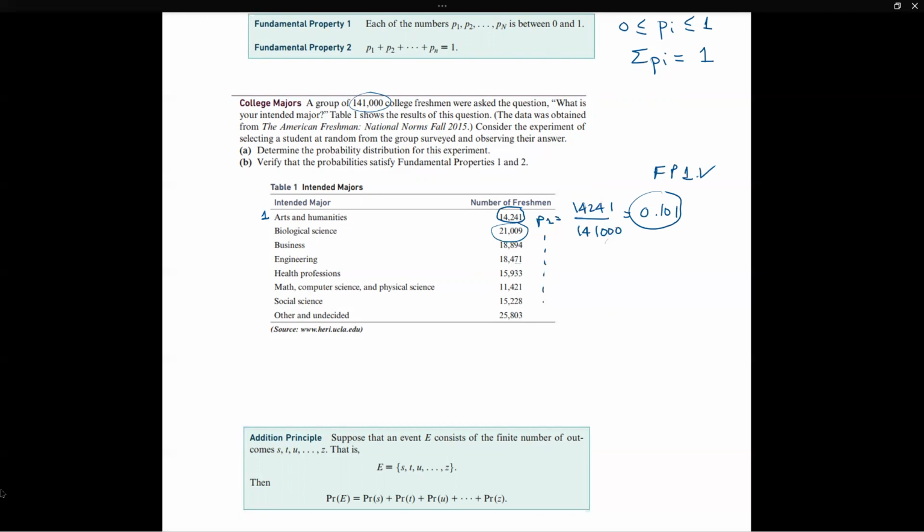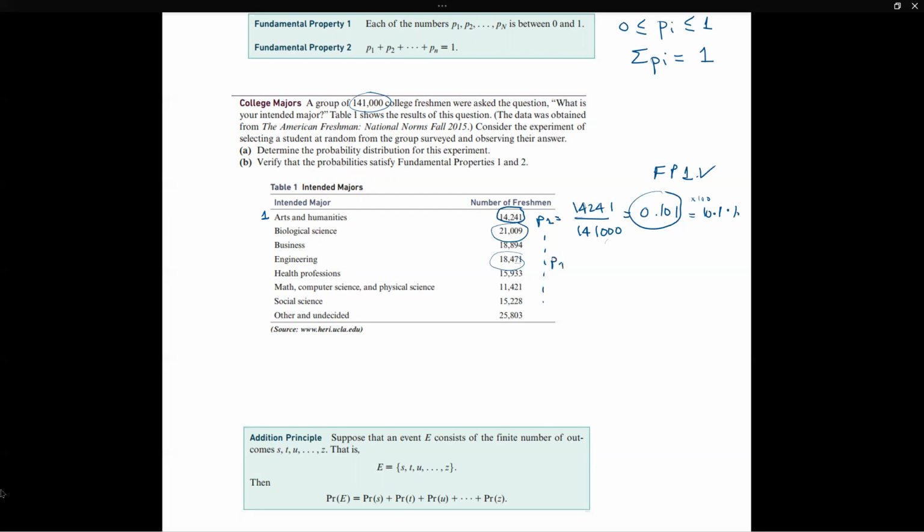And we keep going. So what does this probability number mean? If you multiply it by 100, right, you get 10.1%. So this is the likelihood of a student intending to major in arts and humanities, 10.1%. Right. So if you take engineering, for example, let's call it 2, 3, 4.